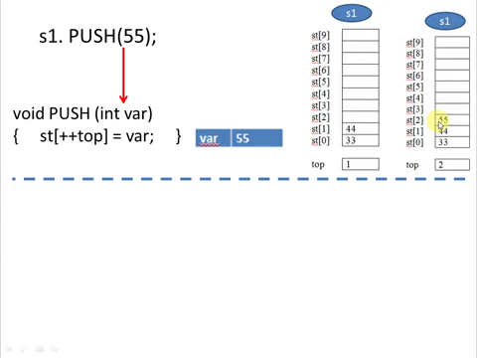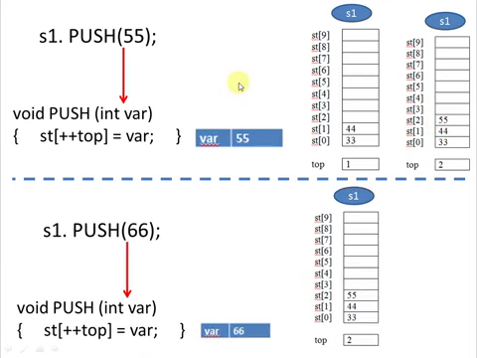Next, if we want to insert 66 into the stack, 66 will be passed to this var variable. The memory of var is 66, so the top will increment itself from 2 to 3.